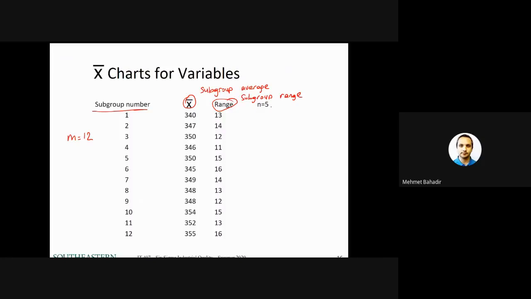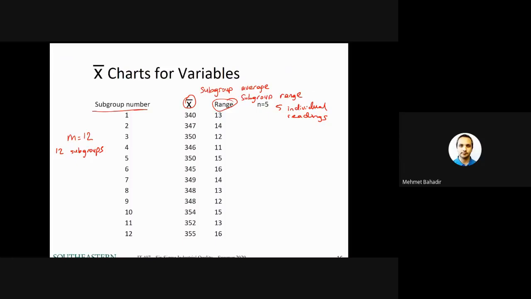That's what N equals 5 means: 5 individual readings. M equals 12 means 12 subgroups. This is how you need to analyze the question.